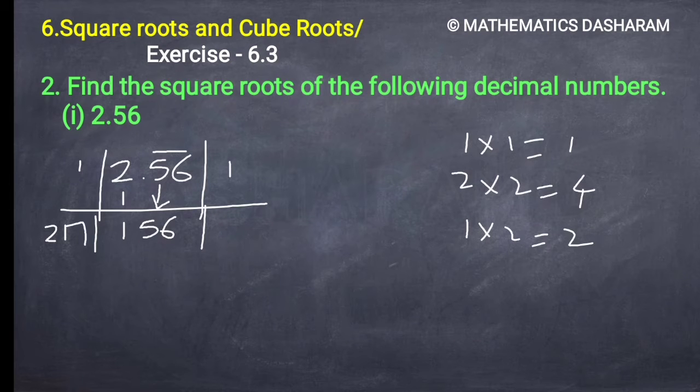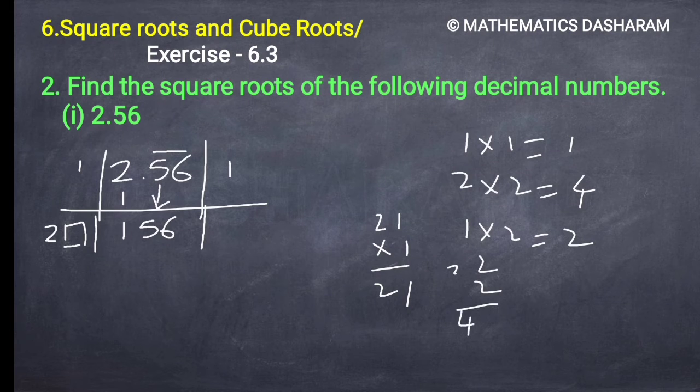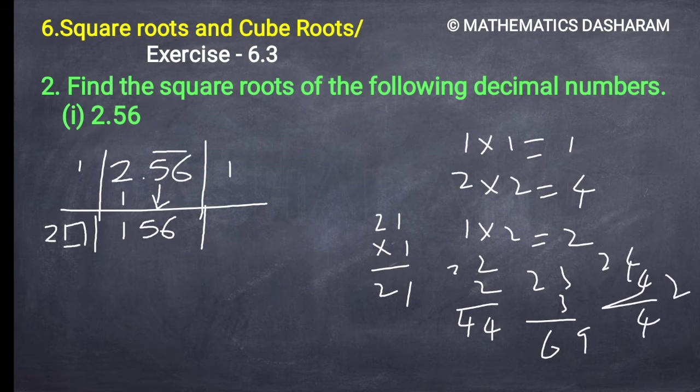So beside 2 we need to select one digit. That is 0, then 0 into 0 is 0, but it is 156. Next, 0 is not suitable. Next 21 into 1 is 21, it is also not suitable. 22 into 2 is 44. 23 into 3: 3 3s are 9, 3 2s are 6. 24 into 4: 4 4s are 16, 1 carry, 4 2s are 8 plus 1 is 9.